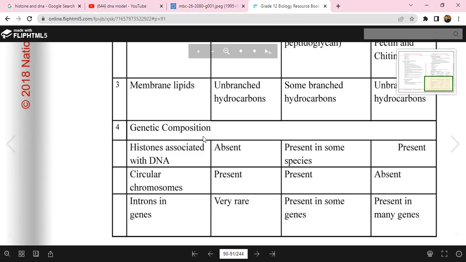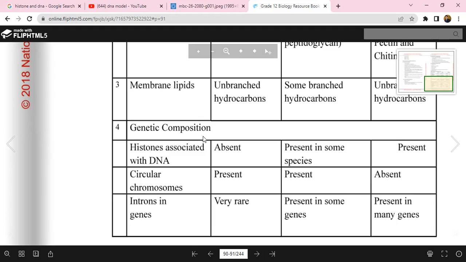In all the eukaryotes, DNA is associated with histone. What about archaea? All the archaea have histone associated with DNA.